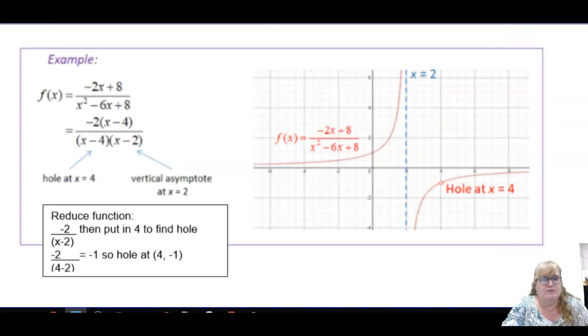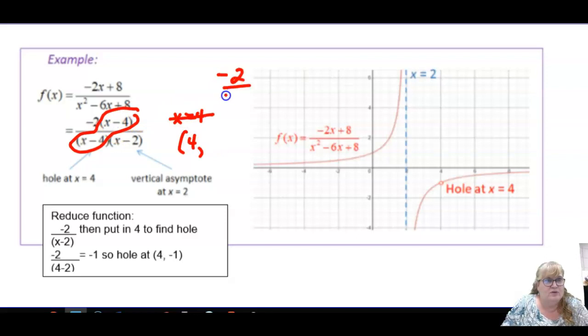And there's an example at the bottom. They factored this -2, which, remember, did nothing, okay? It stretched the graph, it made it the shape it was, but there was a hole here at x equals 4, not a vertical asymptote, and then they canceled that, so they were left with -2 over, I'm sorry, yes, they canceled that, and they put the 4 in here. 4 minus 2 is 2.